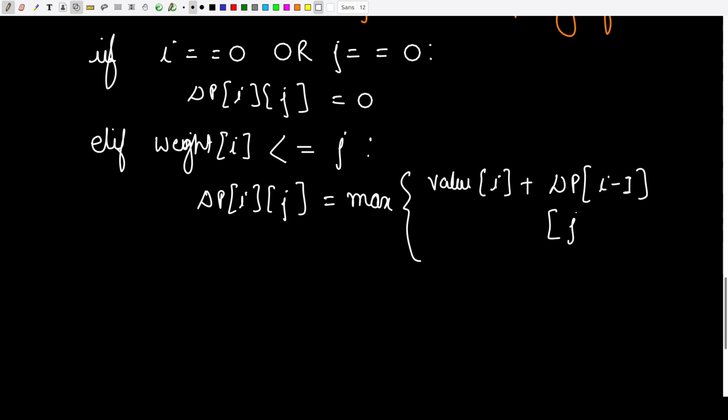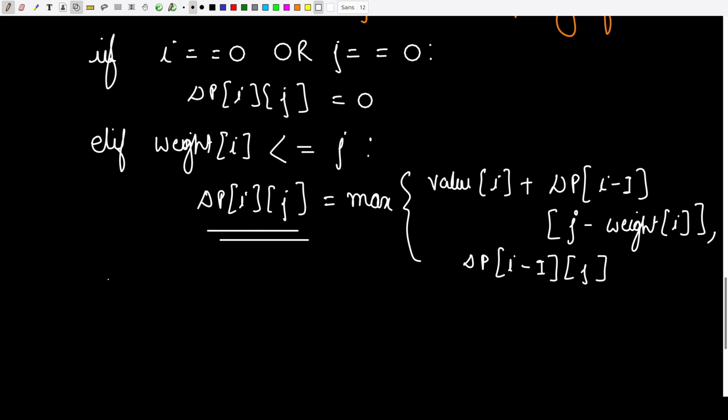Well, the capacity of the knapsack will be given by j minus weight of I, since the ith item is something which we have put into the knapsack. Or it might be possible that without putting the ith item into the knapsack, we will be able to obtain the maximum value, in which case the recursion will be dp of I minus 1 comma j, since we are not putting the ith item into the knapsack. So the maximum between these two will go into dp of I comma j.